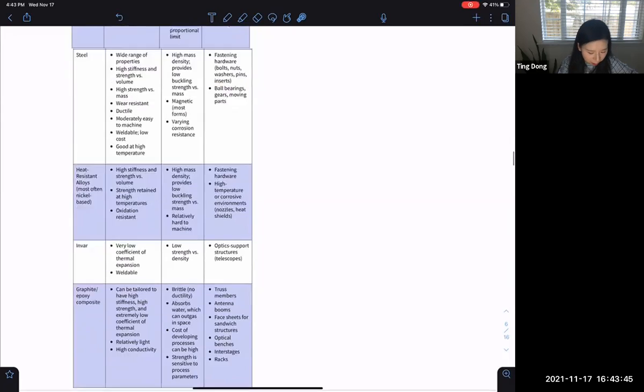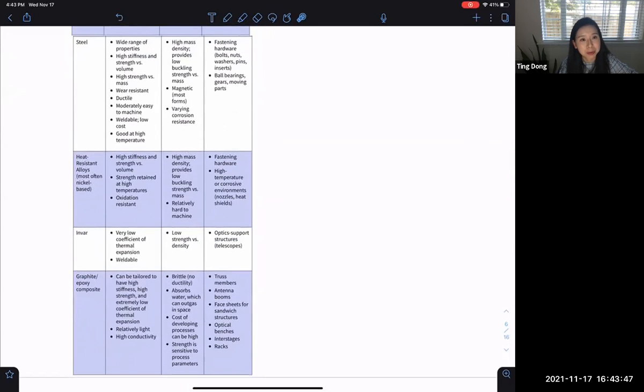Because carbon fiber composite is much more expensive. Composite structure can be cheap if we make something in large volume. But if you just make one, the total cost can be very high.